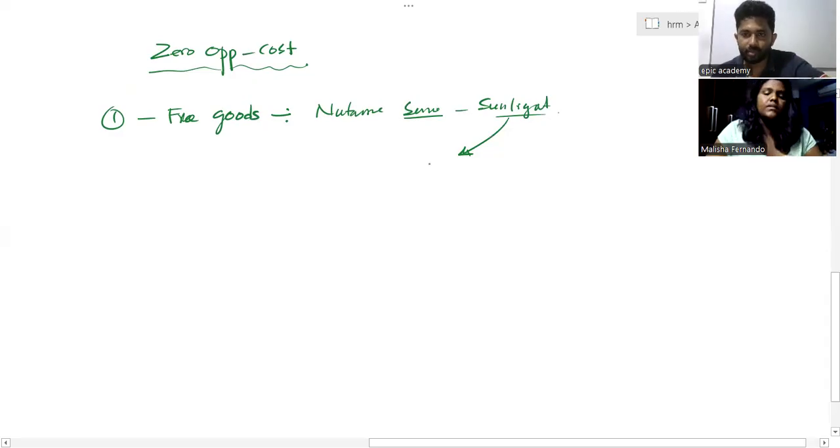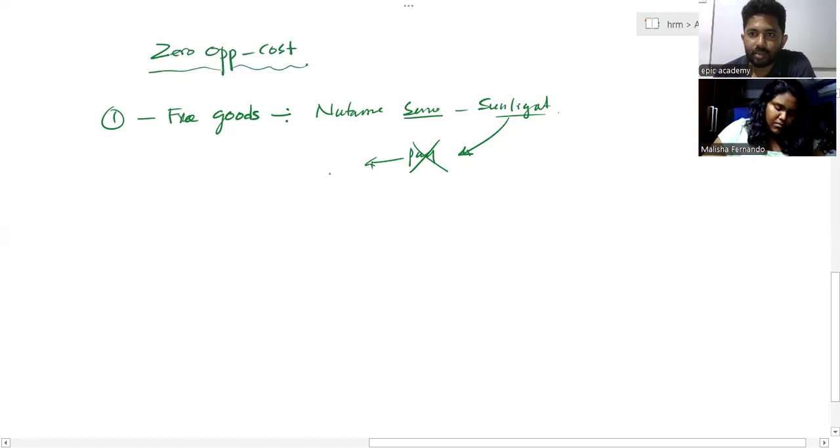You can do it. We put clothes and food out in the sun. This is the utilization. So then you are not going to pay for that. So then there is no sacrifice. There's no sacrifice. So then opportunity cost becomes 0.